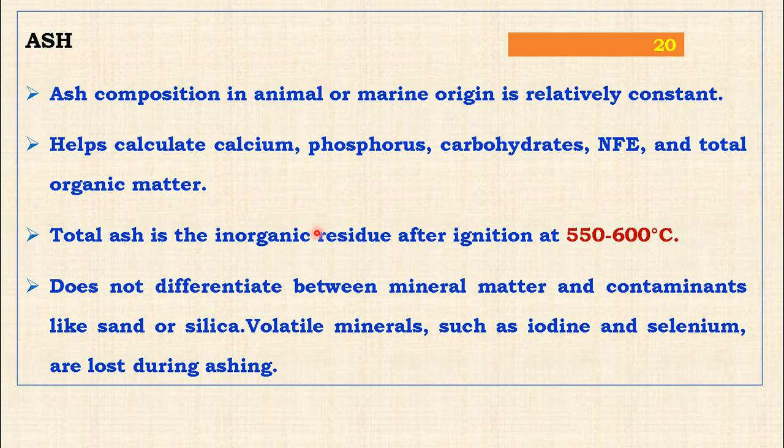Organic matter and inorganic matter are two separate entities. We will see what all is present, especially in the animal's body. The ash estimation method does not differentiate between the mineral and contaminants like sand or silica.